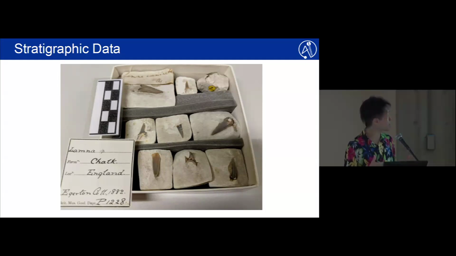So for example, this is a very typical example in our chalk collection in the Natural History Museum. You see there's a lot of chalk, very nice. The only information that we know is that it is chalk from England, which, well, thank you, but not very useful for researchers nowadays, because we want to know when they were formed, which stage, which zone, which subzone. But just giving us chalk of England tells us pretty much nothing.